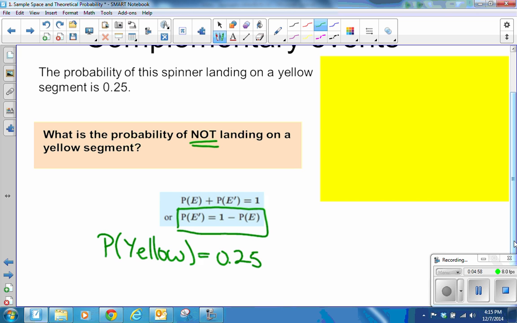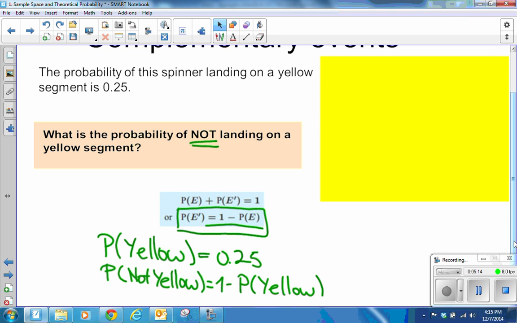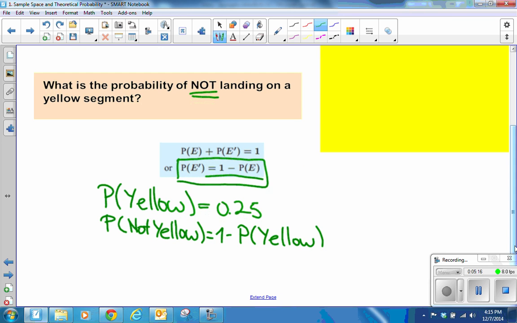Now the probability of not yellow is 1 minus the probability of a yellow, and that's 1 minus 0.25, which is 0.75.